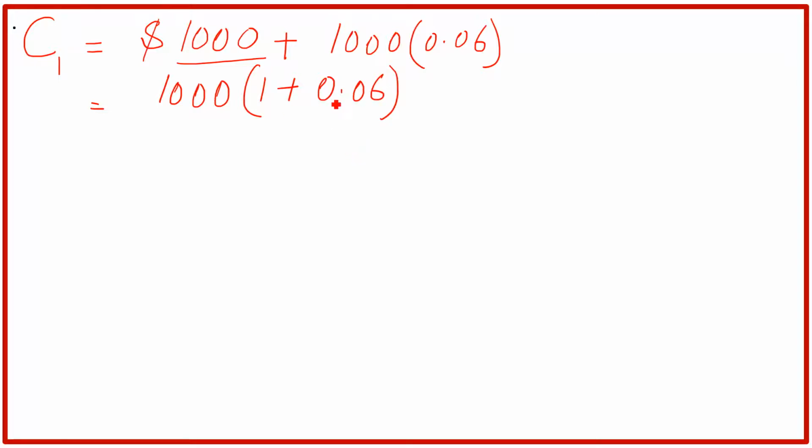If you calculate 1 plus 0.06, it will be 1.06 multiplied by 1000. You will have $1,060 at the end of the first year. So see, in this 1060, your principal amount, which was 1000, and your interest, which is $60, both are included.